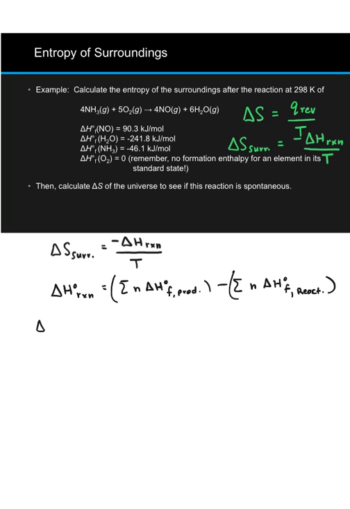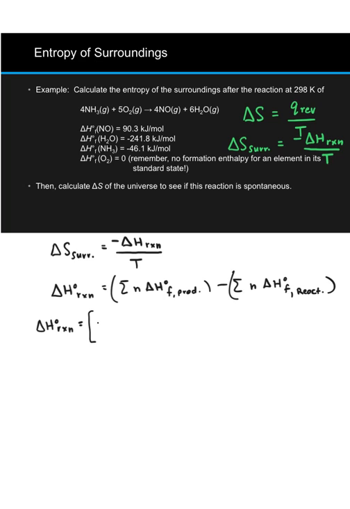So what that ultimately looks like, again, as a review from General Chemistry 1, is this. For each of our products in turn, we'll take our coefficient, multiply by the tabulated value of enthalpy of formation given here.